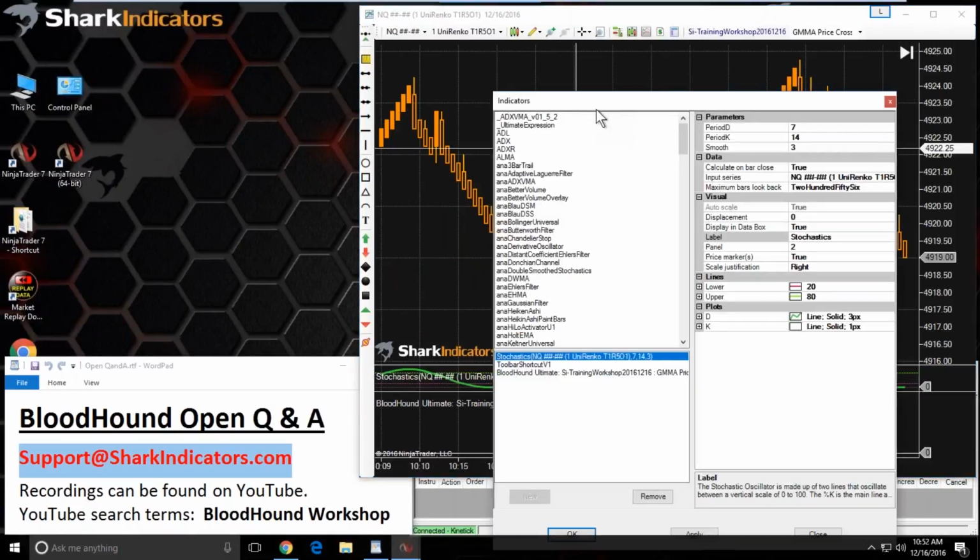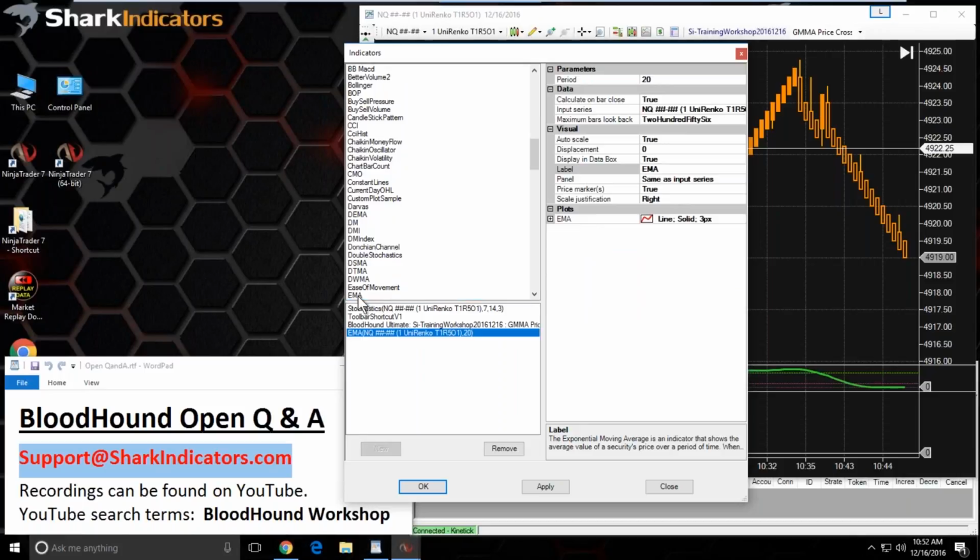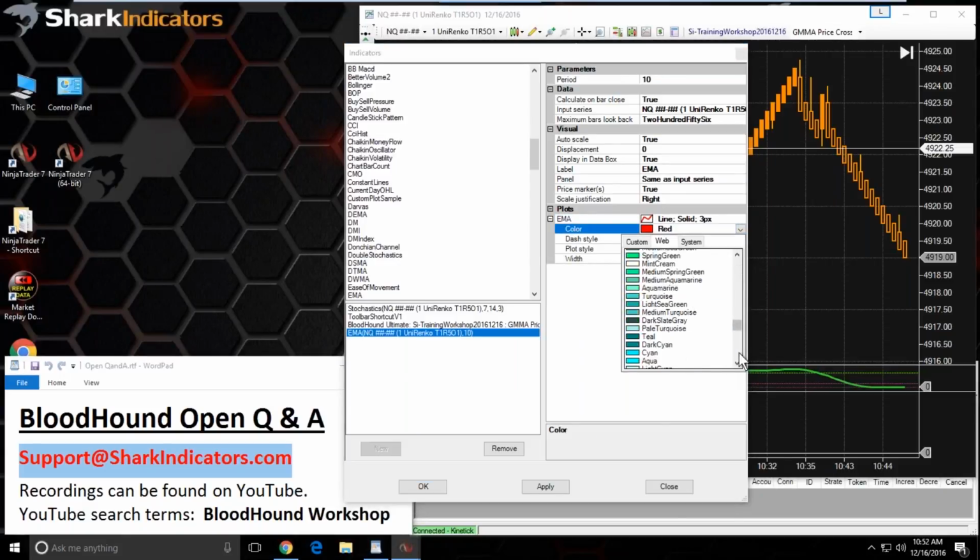So let me get some indicators on the chart. All right, it looks like the 10 EMA would be the blue one from the screenshot, so let's make this blue.